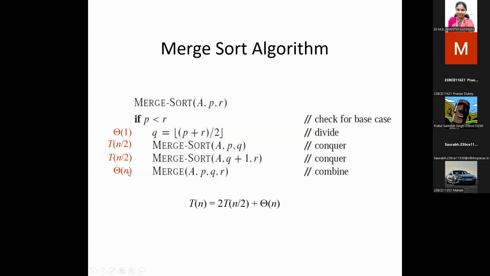The merging process needs order of n. They have given some split up, but you need to understand only the topics; the detailed calculations you will study in the design and analysis of algorithms. But you should know what is what.